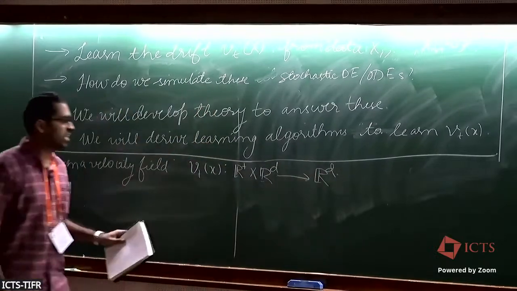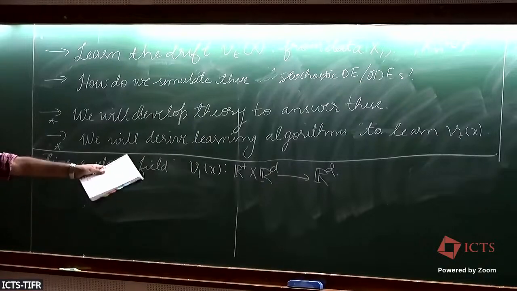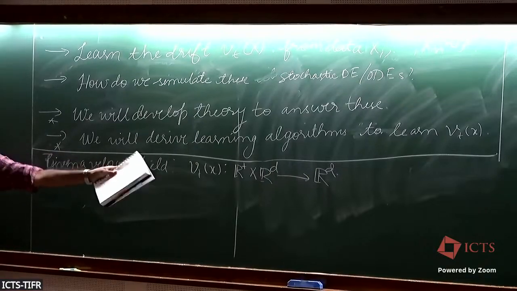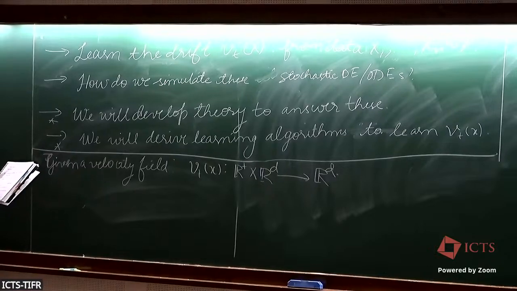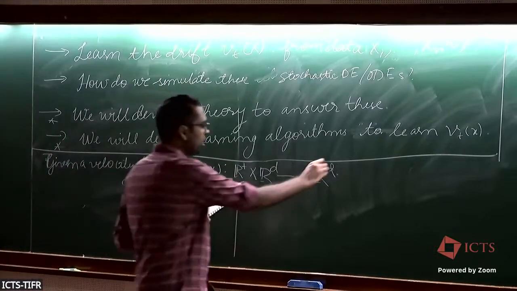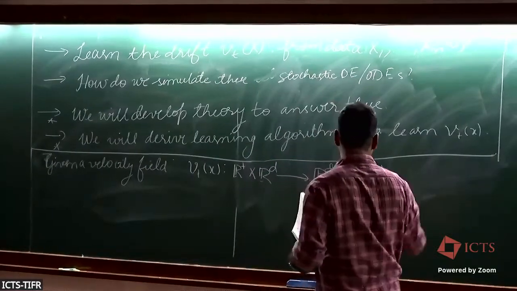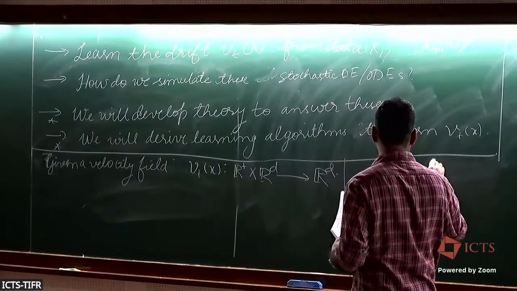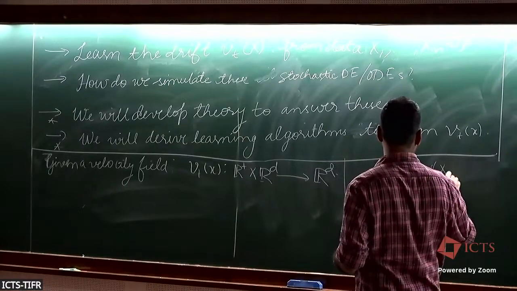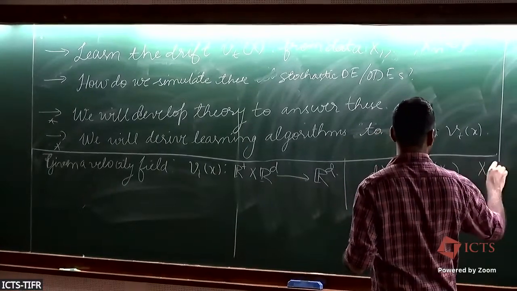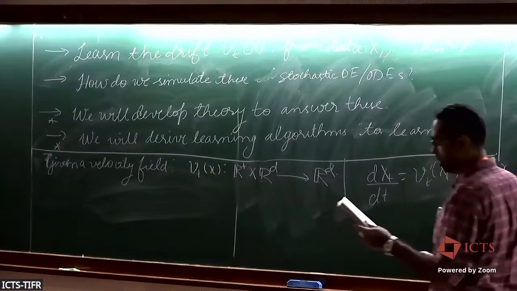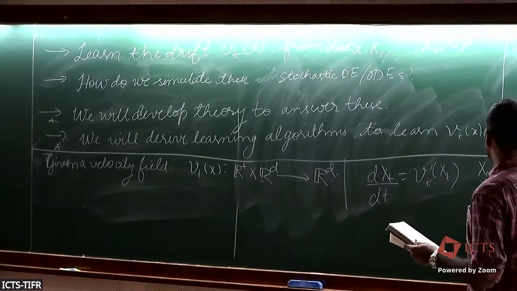This basically tells me that at time t, I'm at position x, what should my velocity be. So we have the ODE, which is the initial value problem, as it is called in the field. We'll call it Vt of x t, with x0 being some initial point. This is called an initial value.